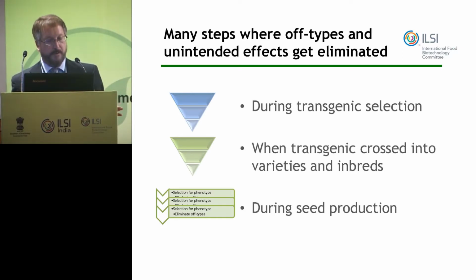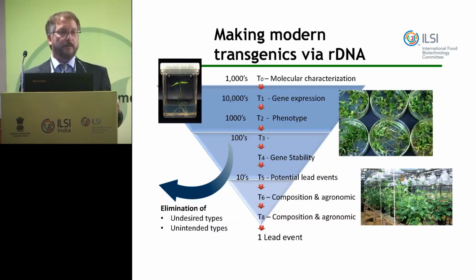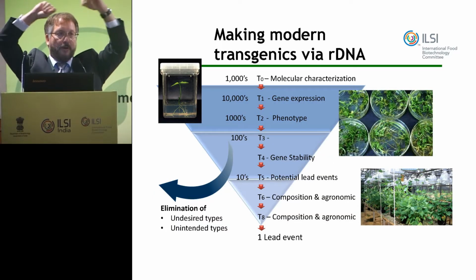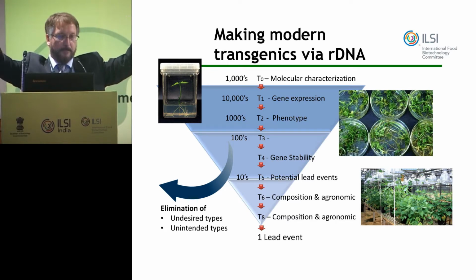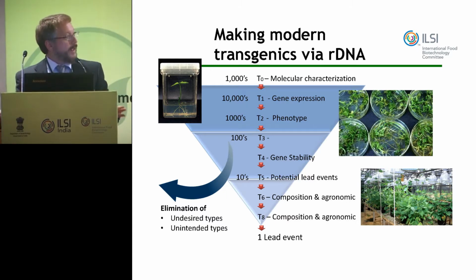To show you in more detail, I mentioned during breeding that a breeder is going to cross two plants, get thousands of F1s, get hundreds of thousands of F2 seeds, narrow them down to one. In transgenics, nobody makes one transgenic event in the laboratory and says this is what we're going to sell. They're going to make hundreds to thousands of transgenics.